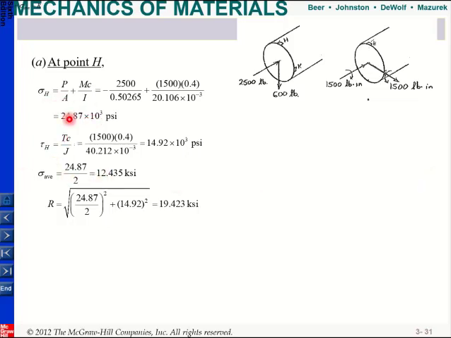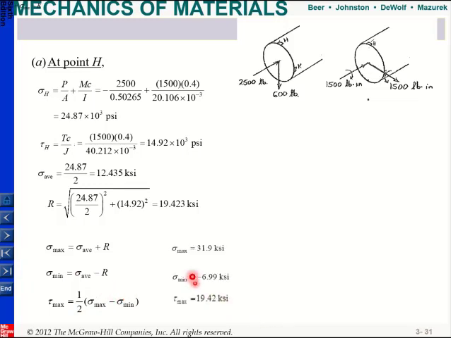Average is half of sigma H, and this is my R. And if you add them, you will get your maximum. If you subtract, you will get minimum. And if you take the difference between them, you will find your shear stress, okay? And then if you calculate it, these are your values. Since one of them is positive and one of them is negative, I know that this is my absolute maximum shear stress, which is also my maximum shear stress in plane.